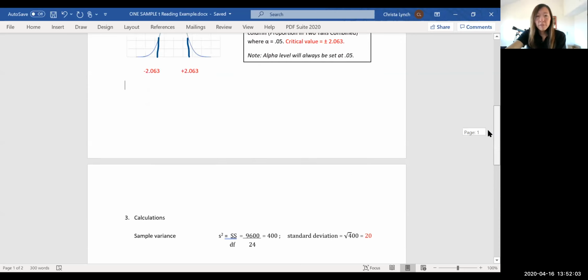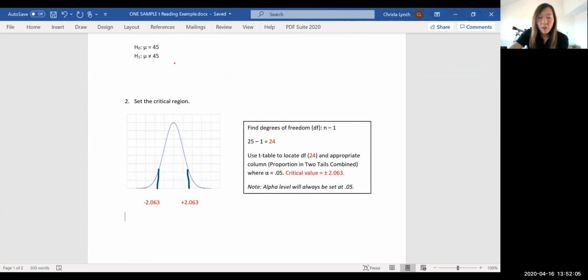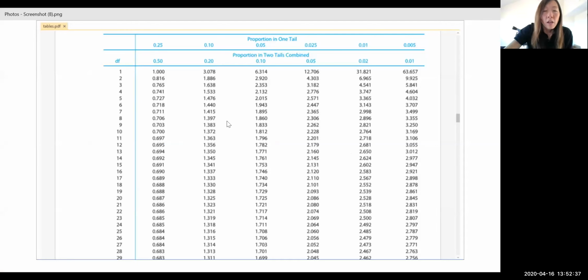This involves looking at my t-table. All right, this is an example of the t-table.